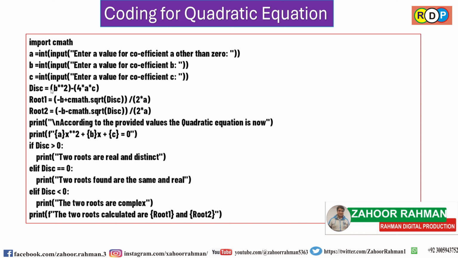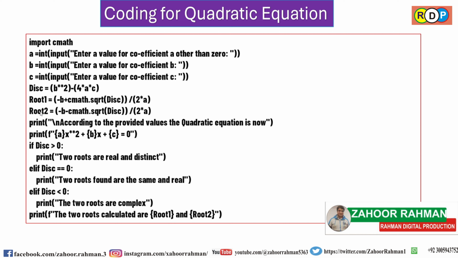That will be considered as a variable and will return an error message that no such variable is declared. So after the evaluation of this expression on the given values a, b, c, the result will be stored in the discriminant, and then we find the two roots. Minus b plus square root of discriminant is this part, and the whole is divided by 2 cross a.